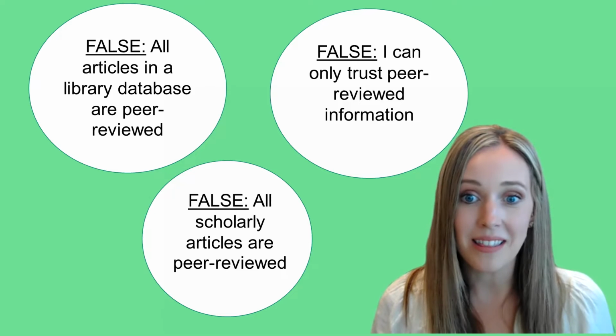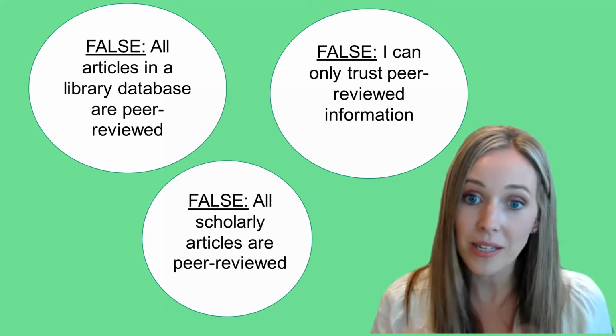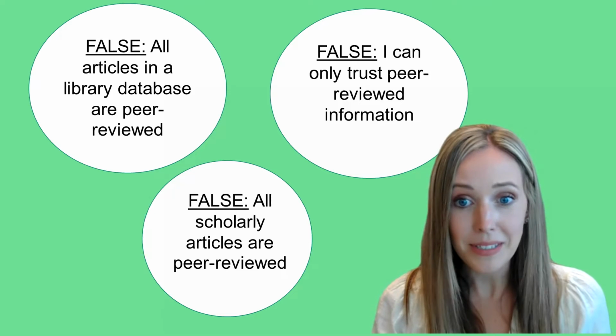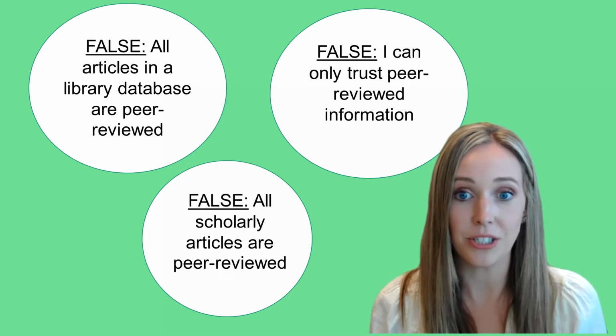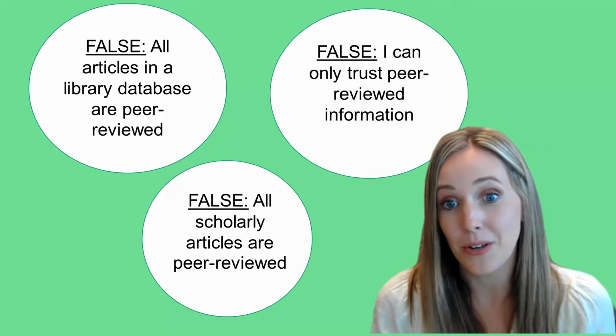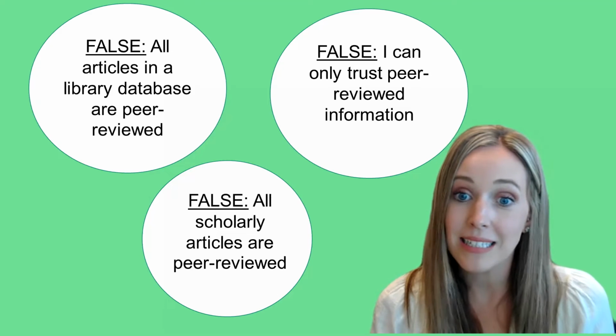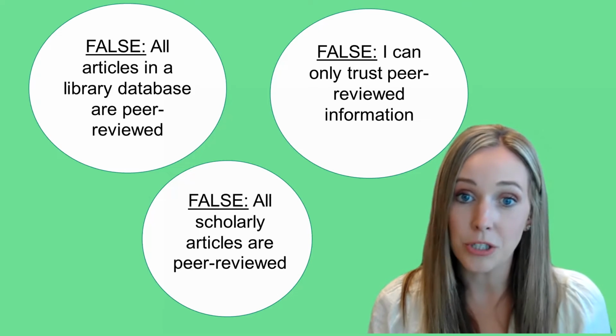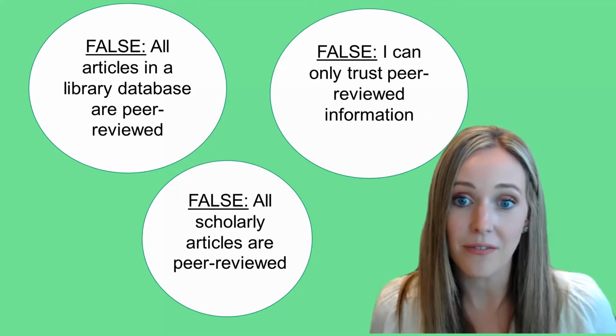That doesn't always mean that it's going to be too hard to read. But if that's your starting point, you might want to get some background on your topic first and read some newspaper or magazine or other reputable sources and get that knowledge before jumping into the peer-reviewed information.